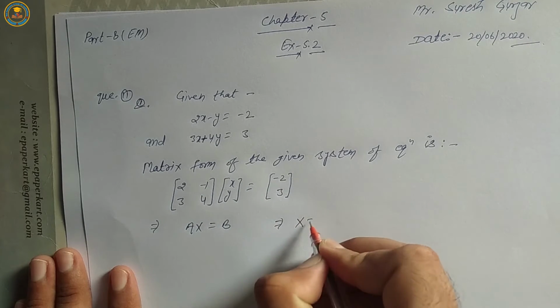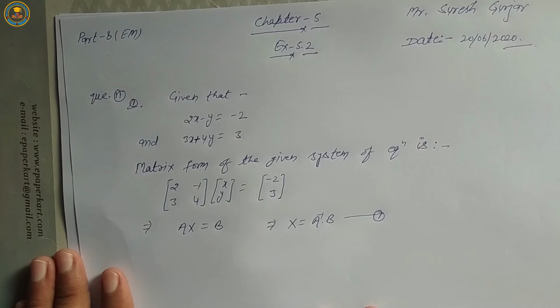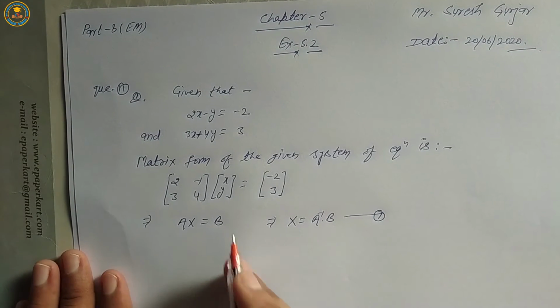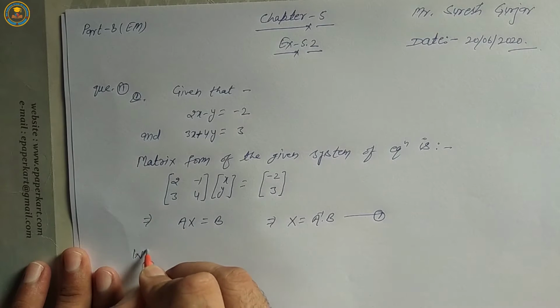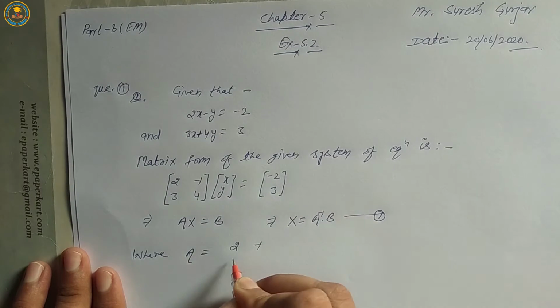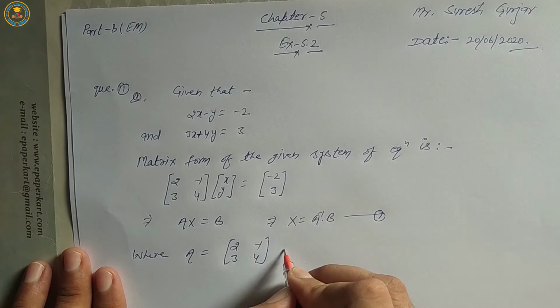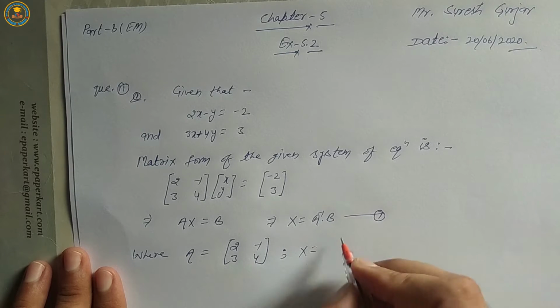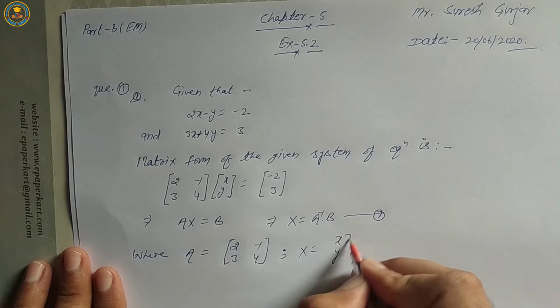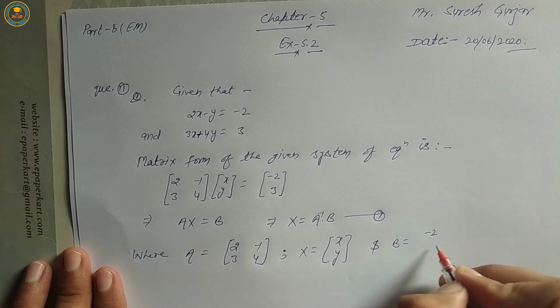Implies X is equal to A inverse into B, equation first, where matrix A is equal to 2, minus 1, 3, 4, X is equal to x, y, and B is equal to minus 2, 3.